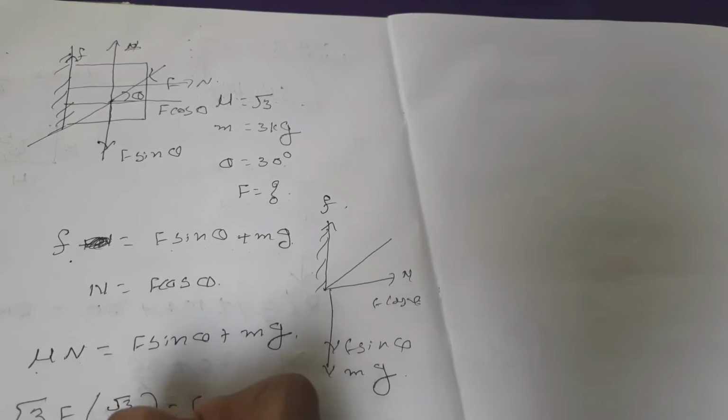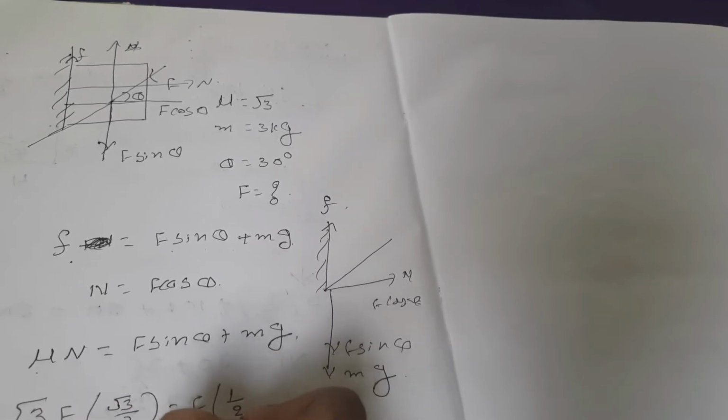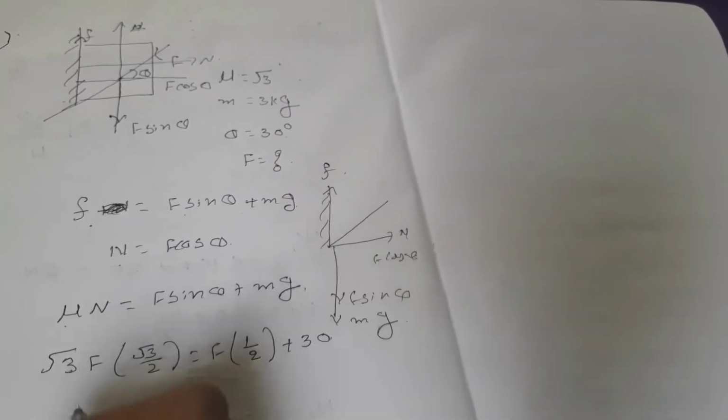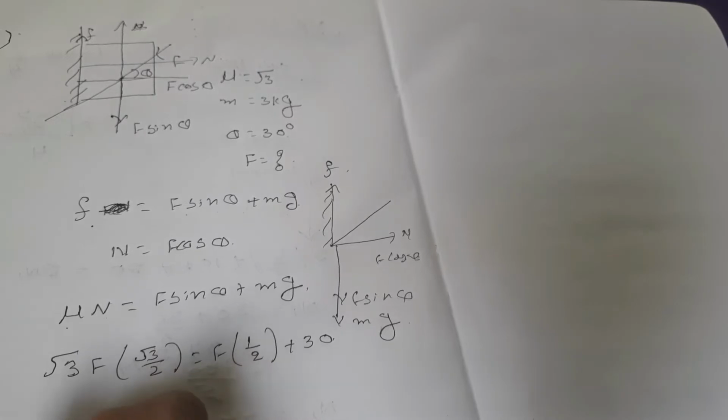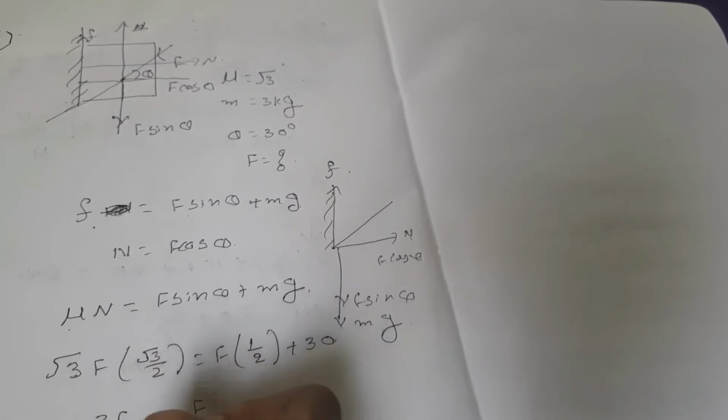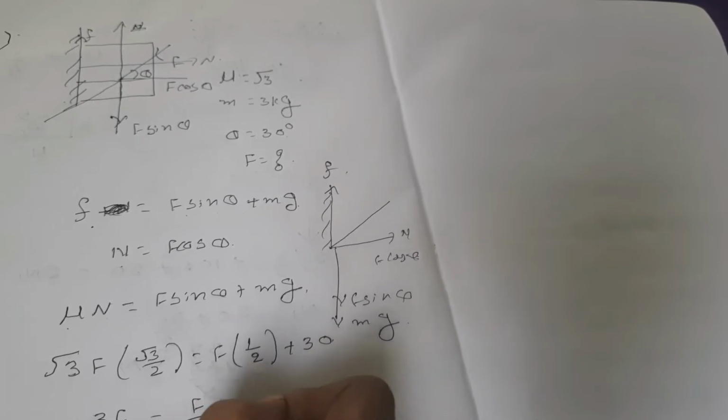Theta is clearly given as 30 degrees, so √3 by 2 equals F into sin 30, which is 1 by 2. Mass into acceleration due to gravity is how many newtons? 30 newtons. So after simplification, 3F by 2 equals F by 2 plus 30.